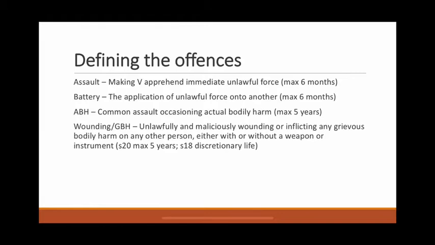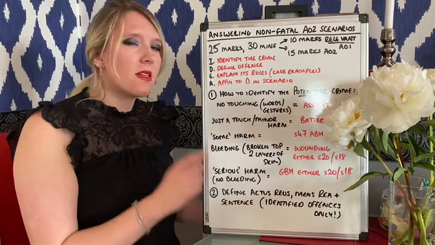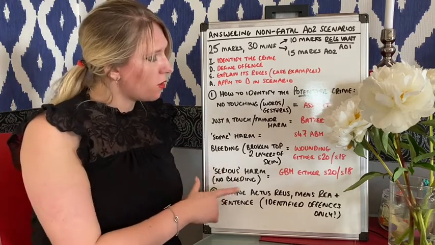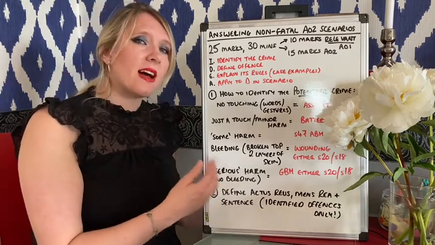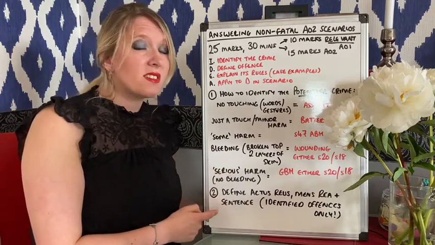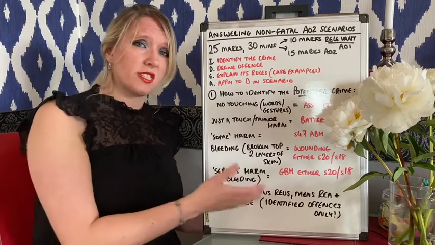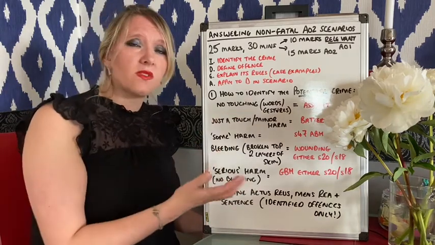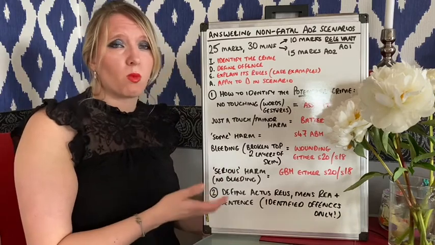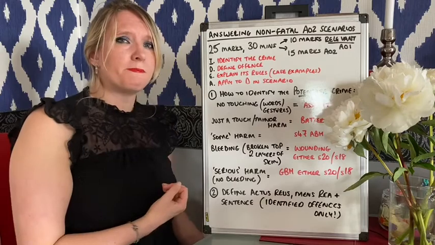Try and define the actus reus, the mens rea, and the sentence of each relevant offence. That's important. So for example, if there is no sign of any wounding in the scenario, you do not need to define wounding. However, if you think there's a potential assault in there, make sure you're defining assault.